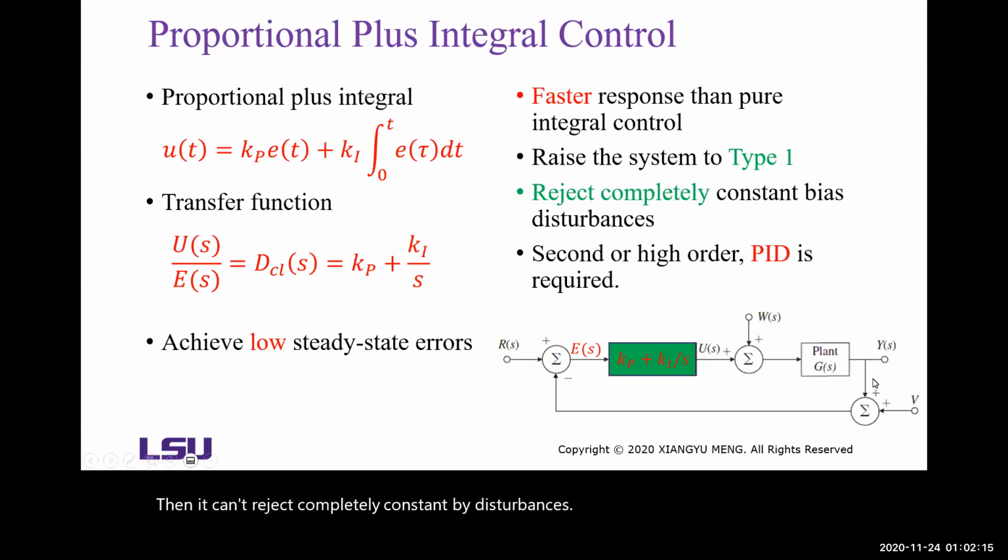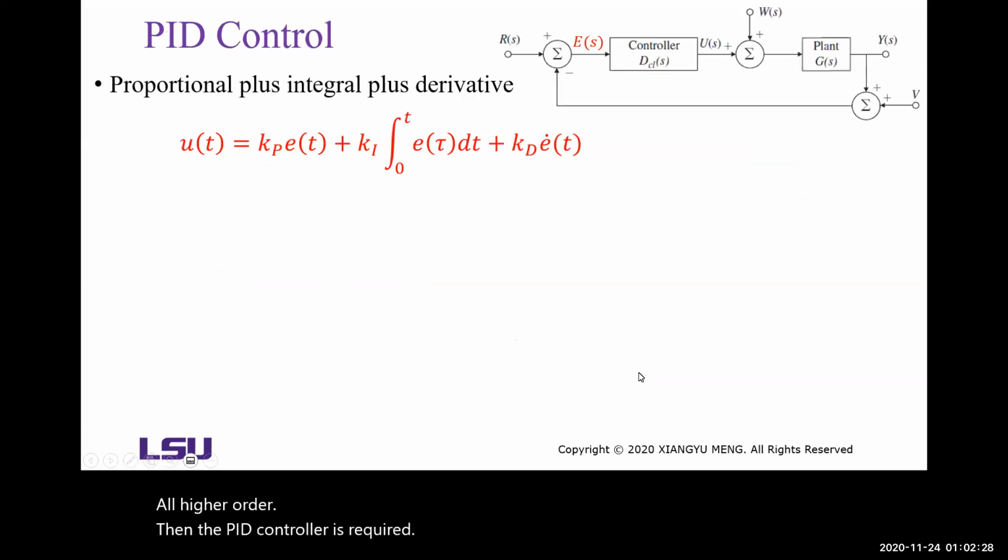But if the plant is second order or higher order, then the PID controller is required. A PID controller basically means it has all the terms: a P controller, an I controller, and a D controller.